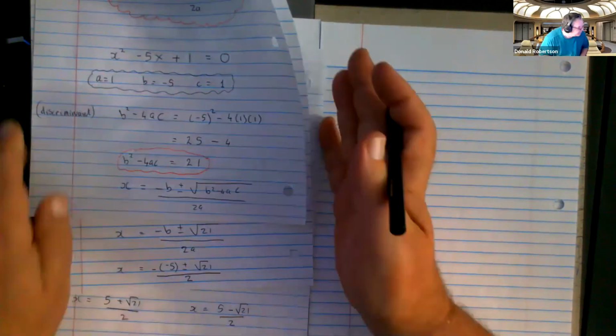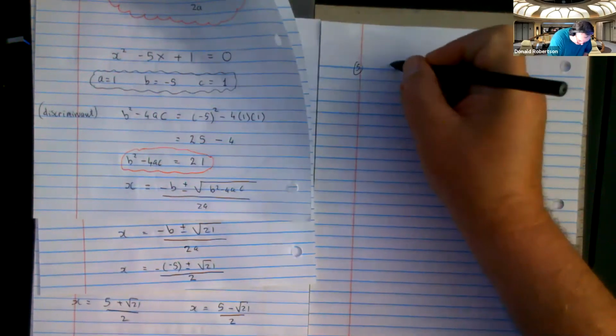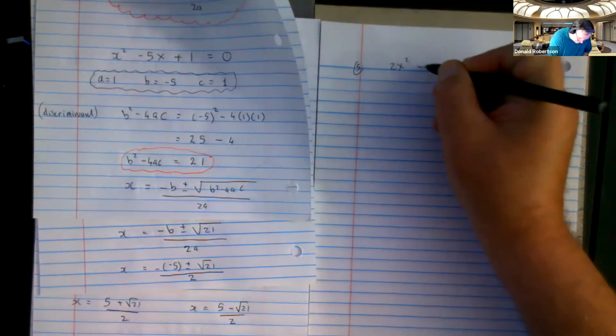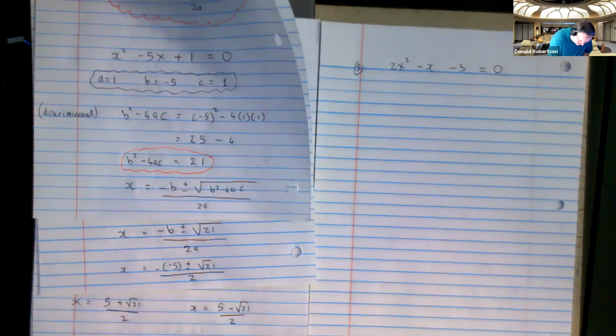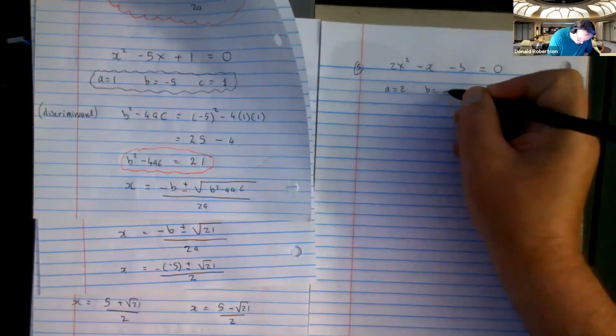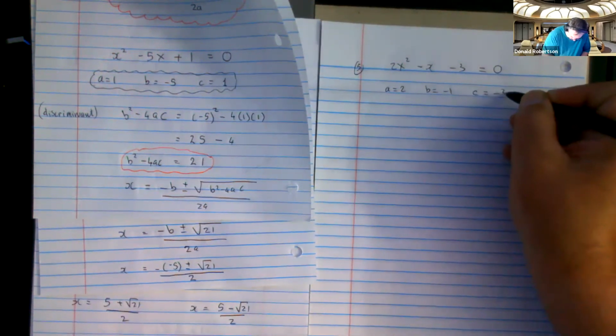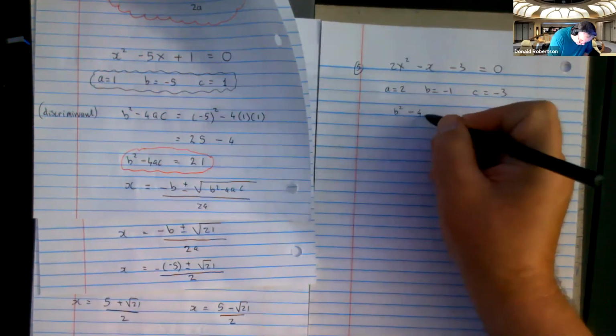Well, she's finishing off this one. Let's look at question 5. 2x squared, take away x, take away 3 equals 0. That makes a 2, b -1, c -3. I'm going to find the b squared, take away 4ac part.